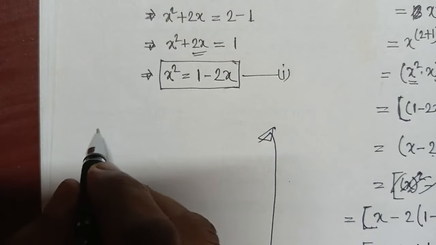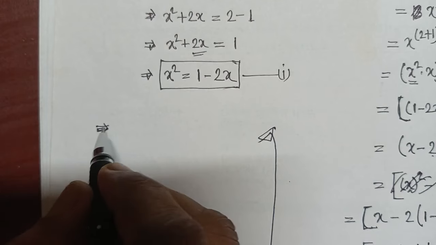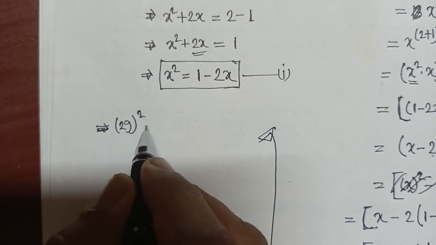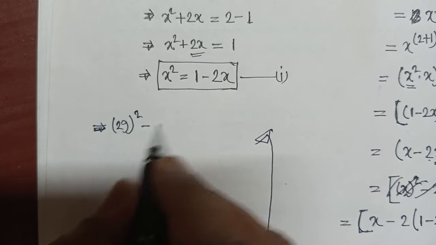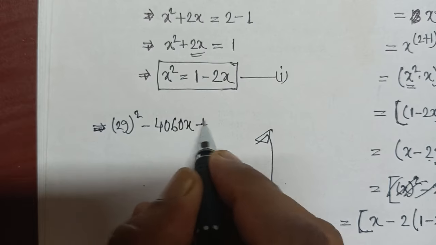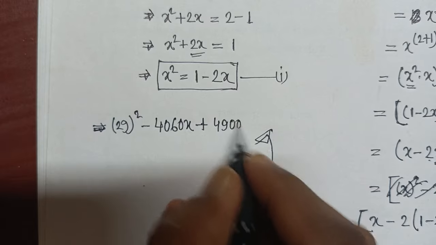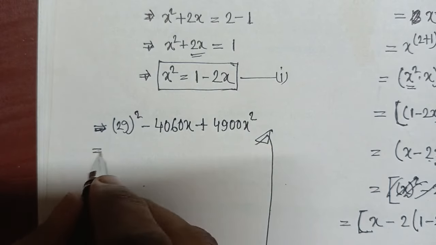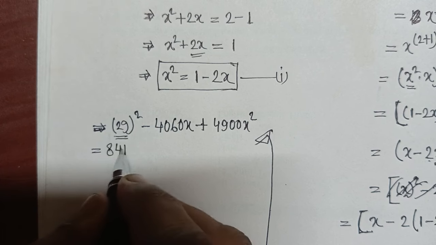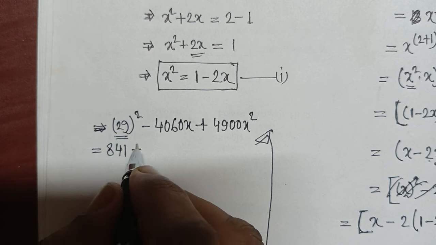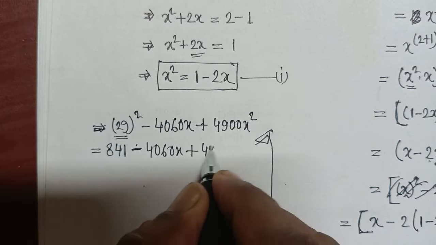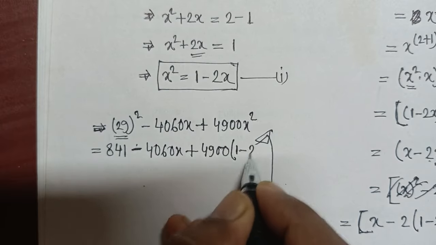If we move on, we get 29² − 4060x + 4900x². We get from here the value of 29² = 841, minus 4060x plus 4900(1 − 2x).